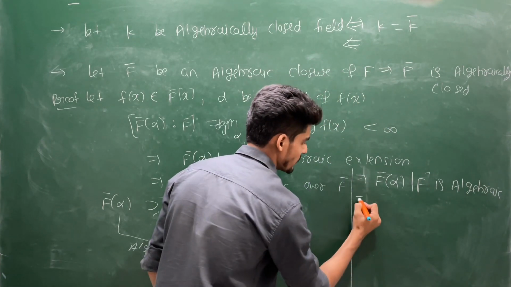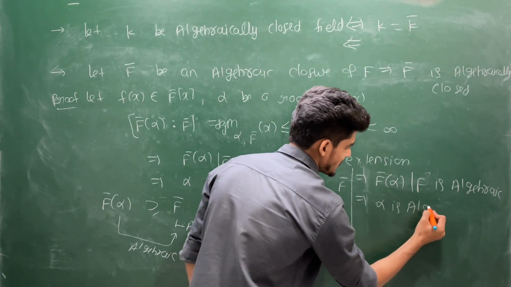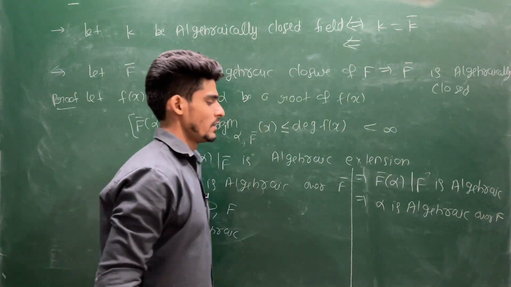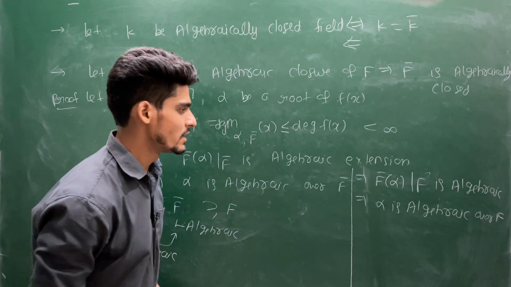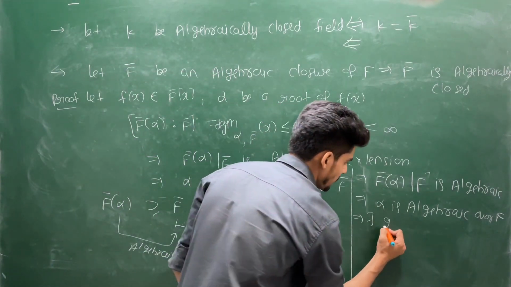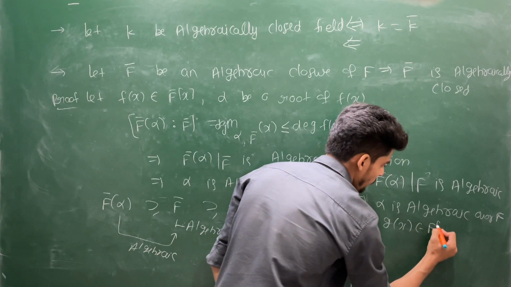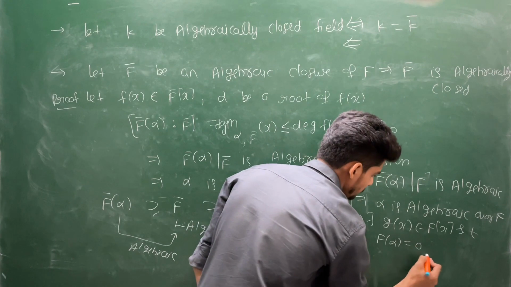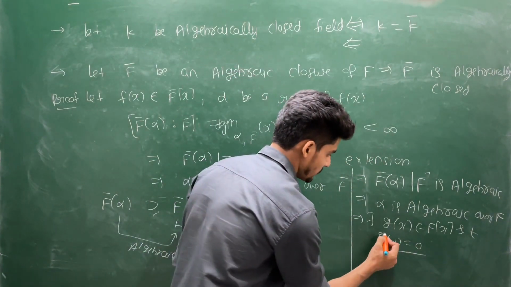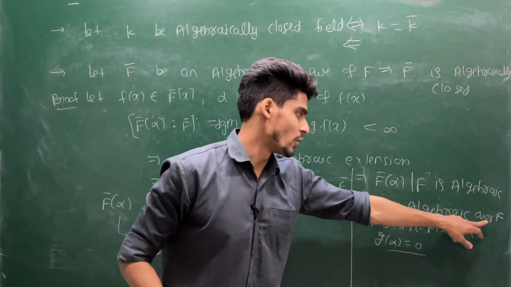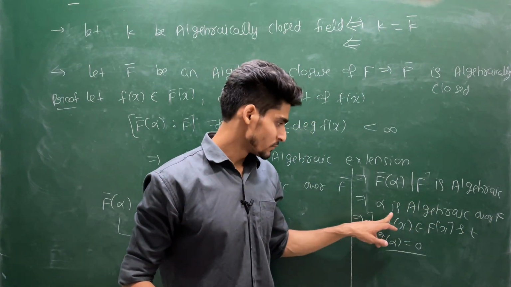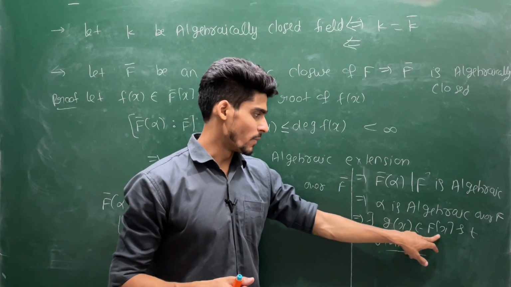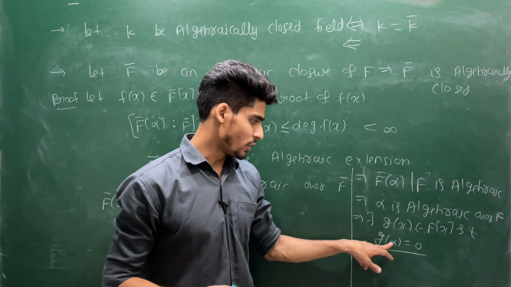If it is algebraic, this will force alpha to be an algebraic element over F. If alpha is algebraic over F, that means there exists some polynomial g(x) in F[x] such that g(alpha) is 0. Because by definition, if alpha is algebraic over F, it must be a root of some non-zero polynomial inside capital F[x]. So this g(x) is a polynomial defined on F[x], and this contains alpha as a root.